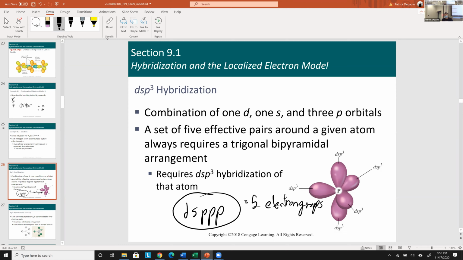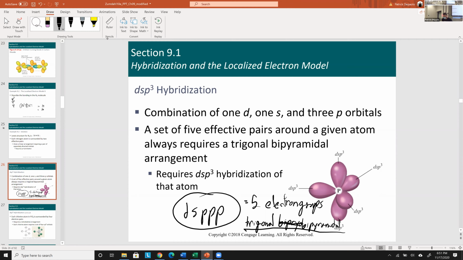Because sp3 is 4, dsp3 is now 5. So you're going to have 5 electron groups. That means you're going to be trigonal bipyramidal.